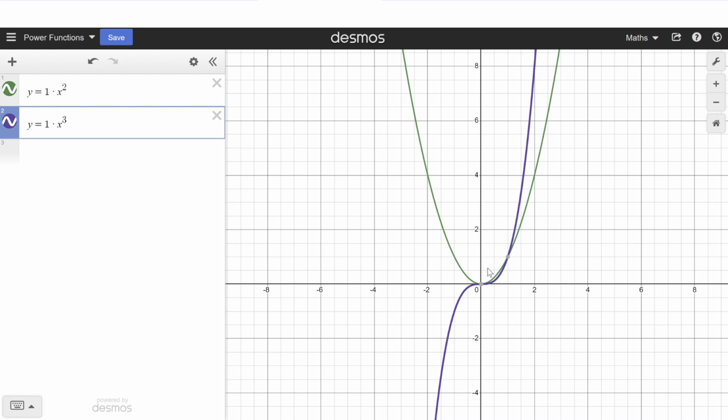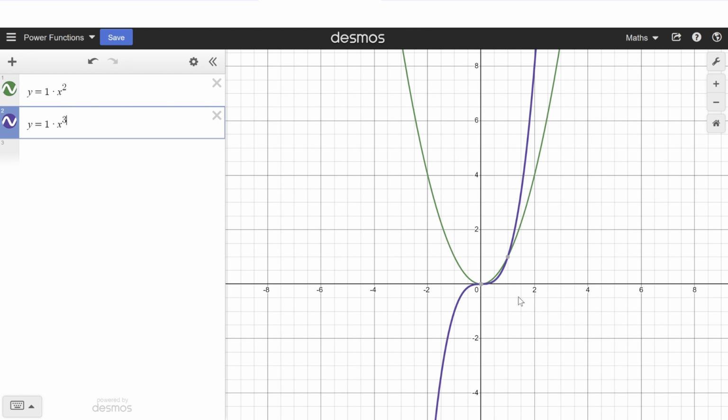One thing we notice is that y equals 1 times x squared is symmetric about the y-axis, right? And y equals 1 times x cubed is symmetric about the origin. Now, they of course still meet at (1, 1) because 1 to any power is still equal to 1, right? So obviously when you input 1 into any power function, the output would be 1.